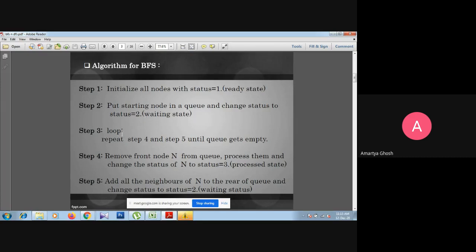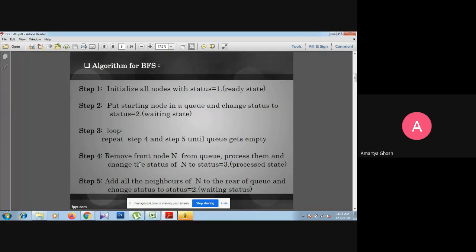This is the algorithm of BFS, where we follow the rule of queue. Then we follow the loop: repeat steps 4 and 5 until the queue gets empty. So as long as the queue has at least one node, we continue the steps.